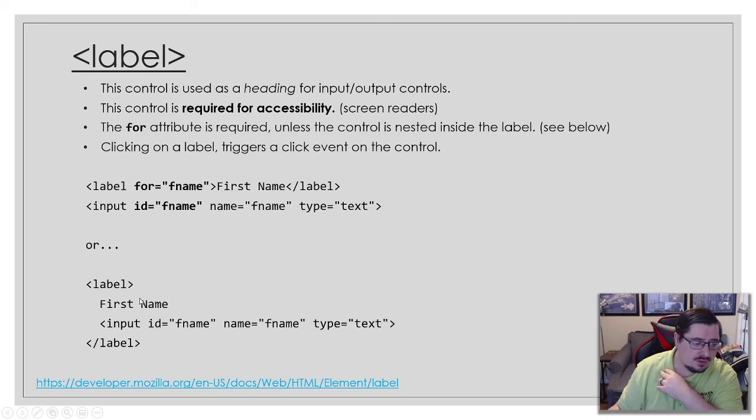Also, another way you can do this, and this is helpful sometimes, especially when you're working with checkboxes or radio buttons, you can actually nest your input inside of the label. So here we've got fname, that's the input, but it's inside of the label itself. So either of these two are viable.